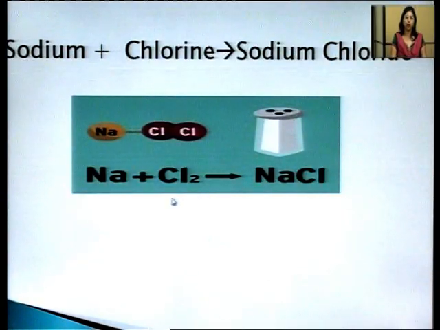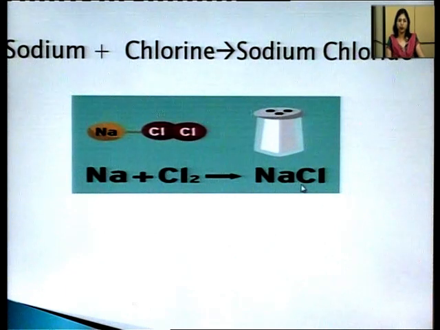So these two reactants react together to give sodium chloride, and this arrow represents the direction of formation of the product, pointing from reactants to products. That means instead of writing the full names sodium, chlorine and sodium chloride, I have written only the sodium symbol, the molecular formula of chlorine and the formula of sodium chloride. So this is known as a chemical equation.